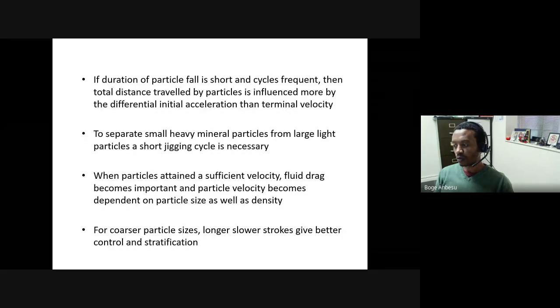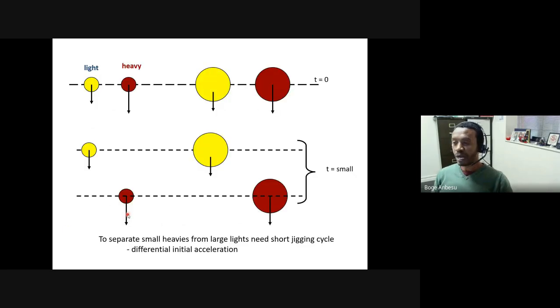You could apply slower but longer strokes during your jigging so that particles attain terminal velocity, and then you will be able to separate particles based on their size. So all I'm saying is you could manipulate the way you operate a jig or a gravity separator to allow different separations to be possible.